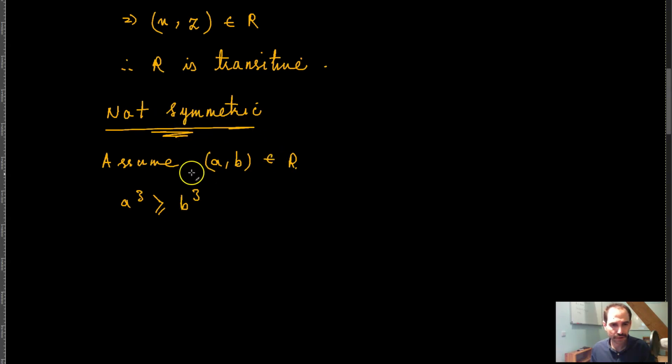to show that R is symmetric, if (a, b) belongs to R, which implies that a cube is greater than or equal to b cube, you have to show that b cube is also greater than or equal to a cube, so that then (b, a) belongs to R as well, and then R is simply symmetric.